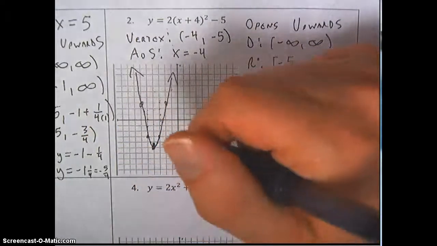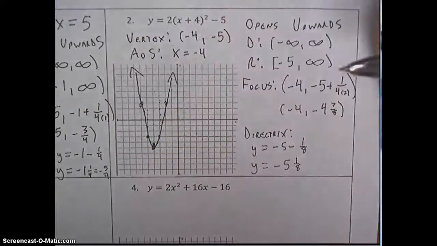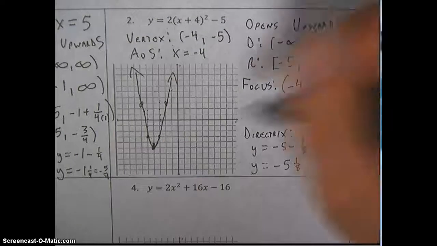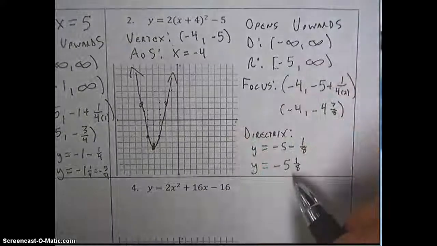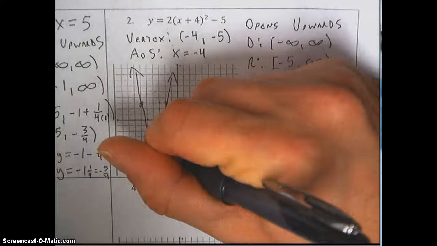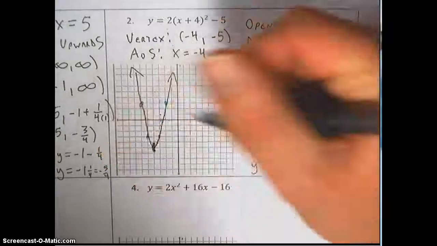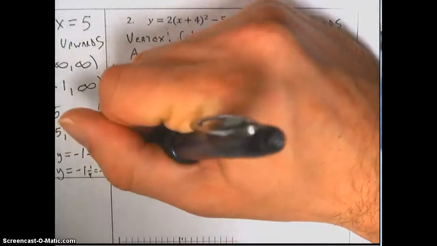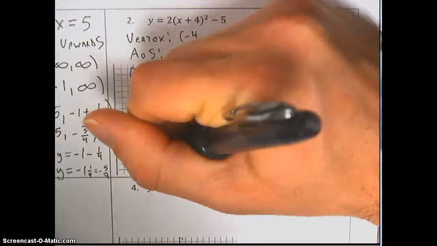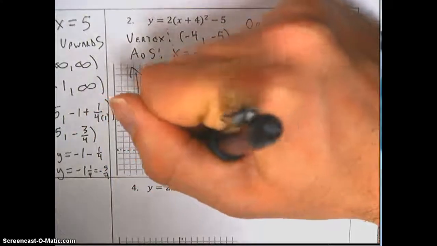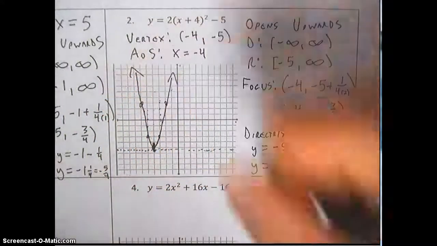And then the directrix is at negative 5 and 1/8. So that's going to be really close to the vertex as well. So you just want to draw a straight line here for the directrix.